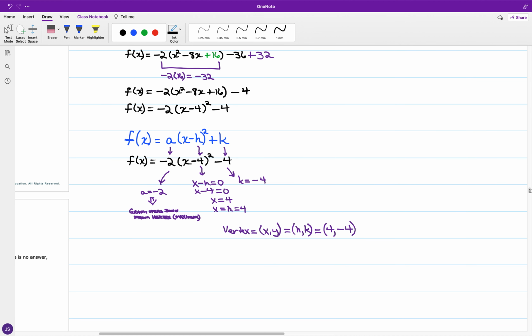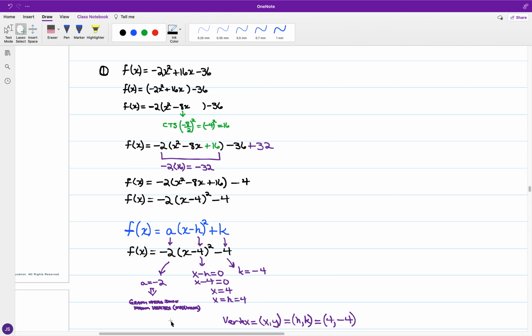Okay, so again we have the details. We went from the standard form to the vertex form, and the vertex is a maximum, and the location of the vertex is at 4, -4.